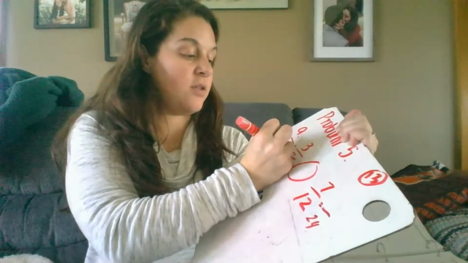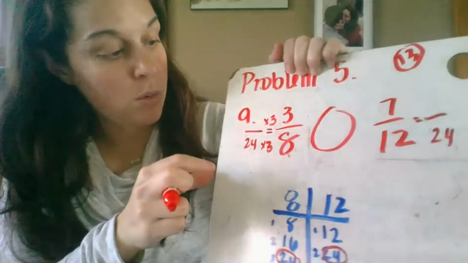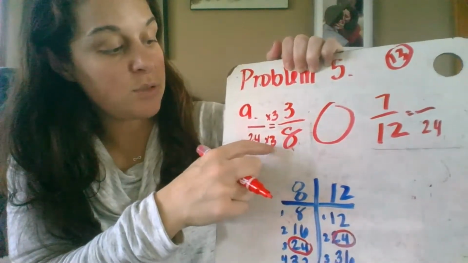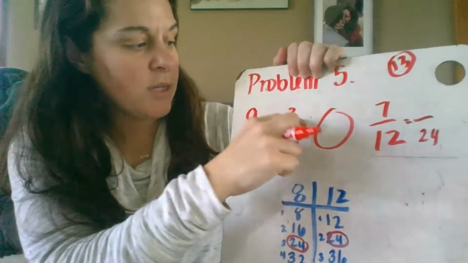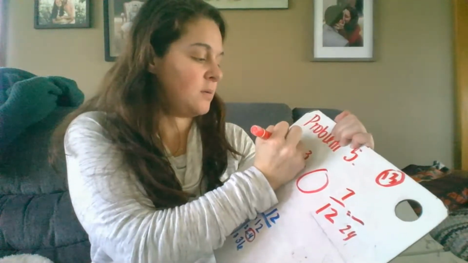Times 3. So I say this all the time: what I do to the denominator, I have to do to the numerator. I'm multiplying by 3 because 8 times 3 gave me 24. What's 3 times 3 going to give me? 9. Perfect.